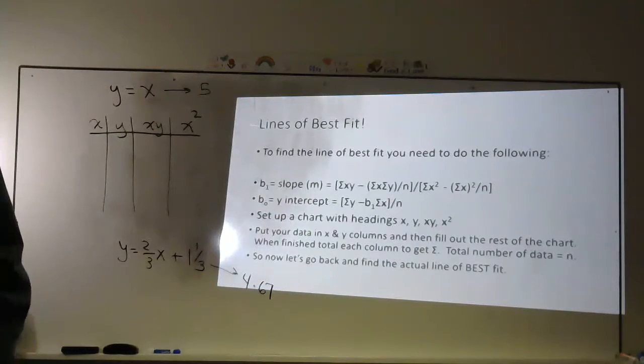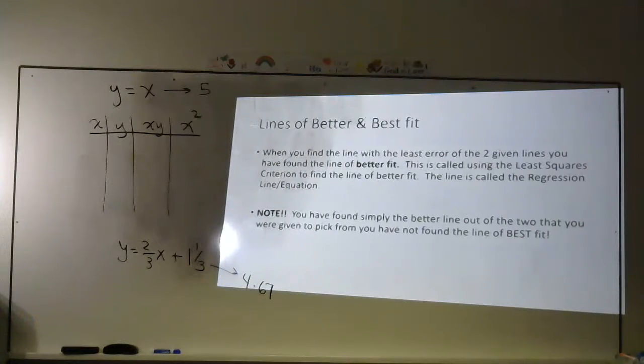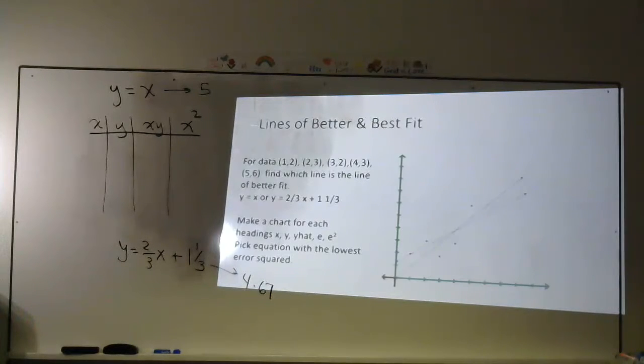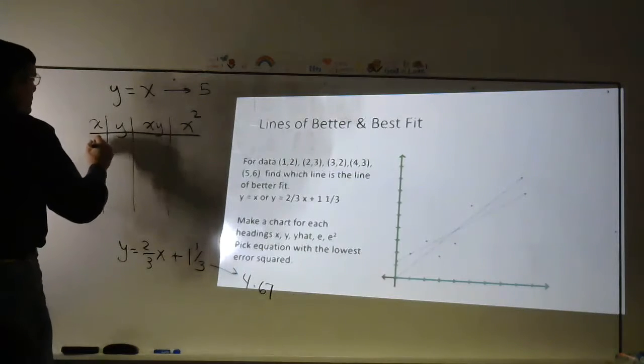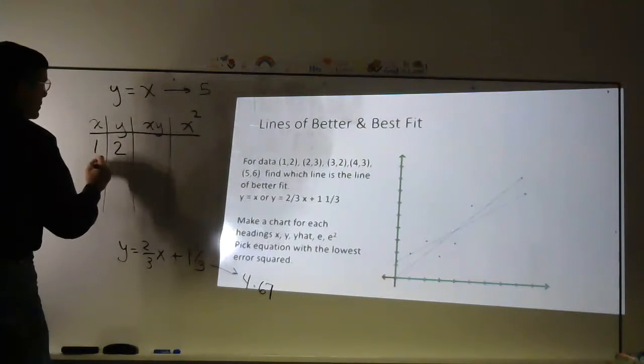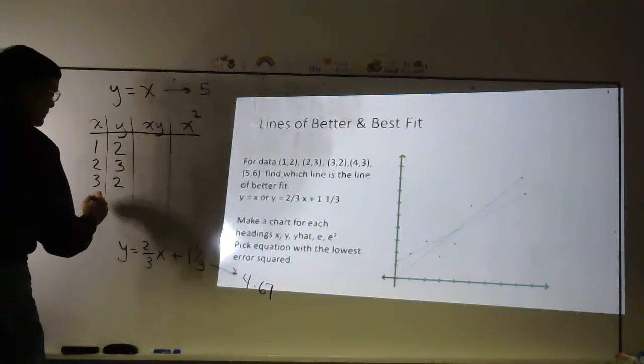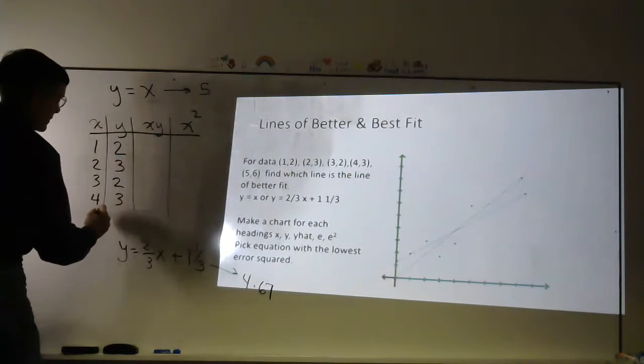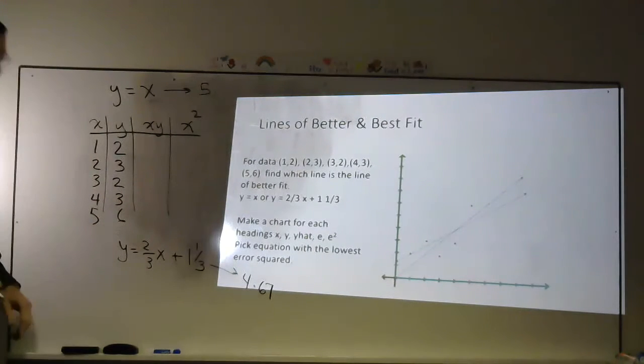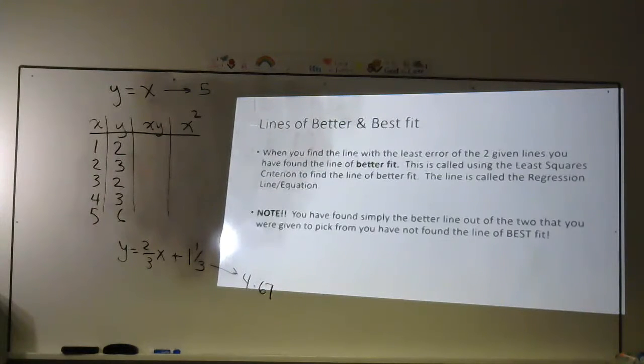And the data, once again, let's go back and get the data. The data was 1 and 2, 2 and 3, 3 and 2, 4 and 3, 5 and 6. Okay? There's your data.